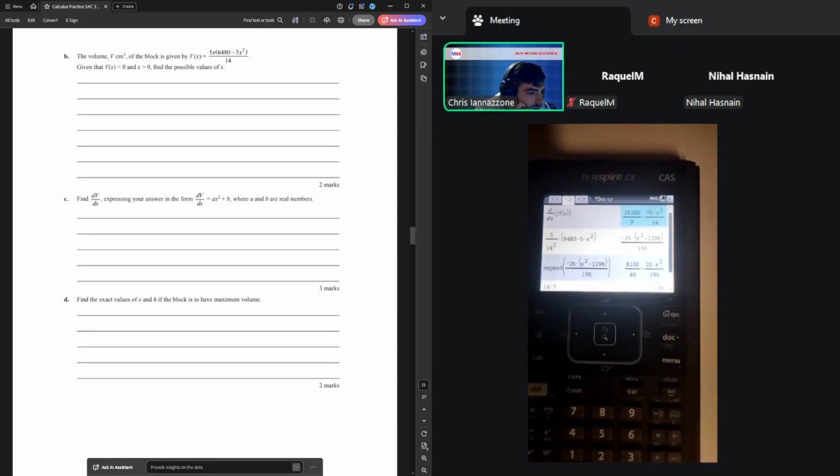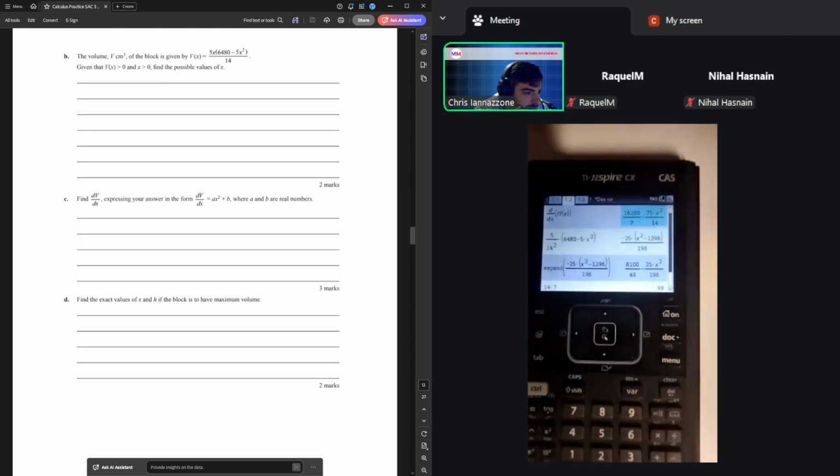Okay, I'm going to read the examiner's report. So, this question was done quite well. Some students attempted to find the derivative using a written method and made algebraic errors. So they're almost chastising that. Others had the correct answer with incorrect working. Some incorrect answers were all as a big fraction.